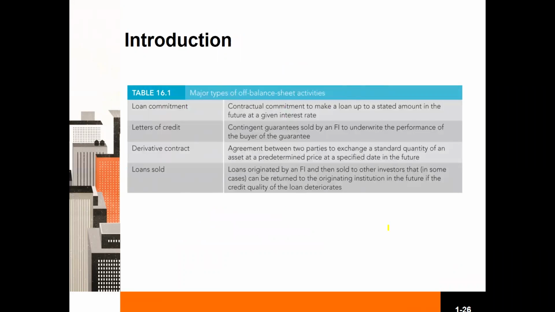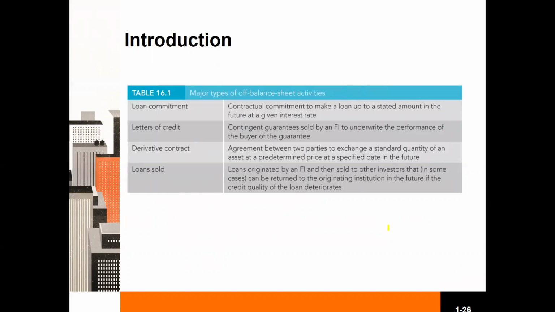Now, these are the major types of off-balance sheet activities, so we will be discussing them in more detail later. First of all, loan commitment. We have learned earlier that in the case of a loan commitment, the bank commits to lend an amount up to a certain limit and within a certain time. So the borrower will be allowed to borrow any money within the limit and within the time period.